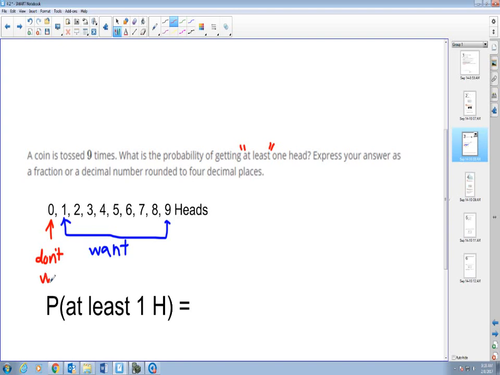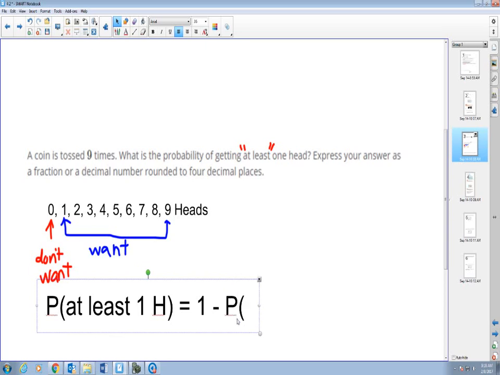The idea of a problem like this is, at least 1 head means I can take my 100%, 1 minus the probability of what I don't want. Figure out what I don't want and get what I want. So 1 minus the probability of getting 0 heads.